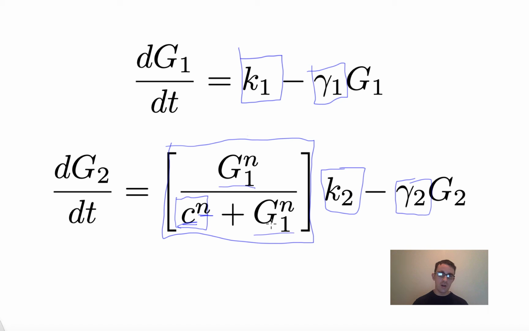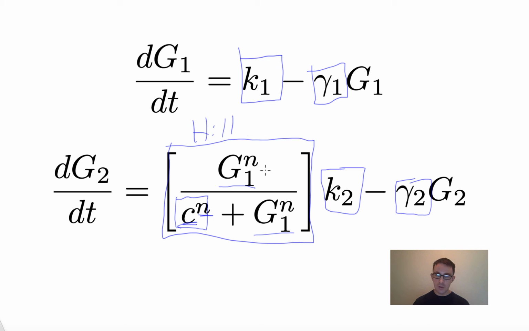As you can see, gene 1 is playing a role in the gene 2 ODE, which is what we want, because the point of this whole thing is to model the situation where gene 1 is activating the production of gene 2. This whole thing, by the way, is called the Hill function. The point of this is that it'll start at 0 and saturate to 1 as we get more and more of gene 1.